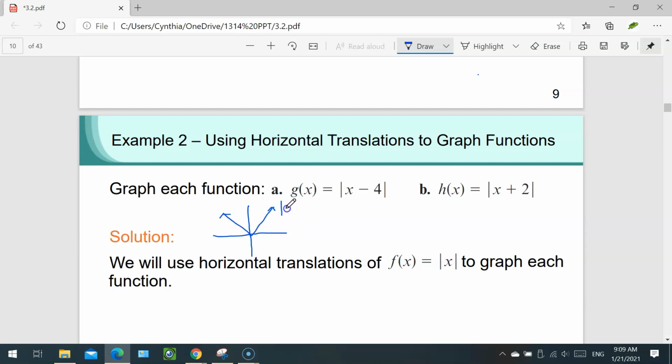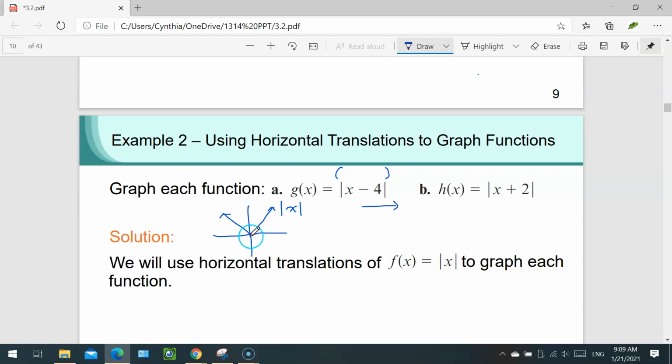Now, inside of the absolute value sign, the g function has minus 4. This has the same meaning as having the parenthesis. So when there is a plus or minus number inside, we deal with a horizontal translation. Now, minus 4 will shift the graph to the right 4 units.